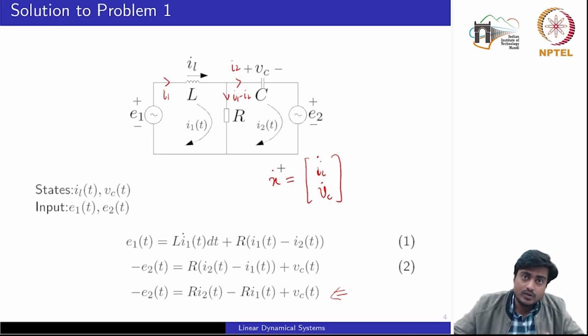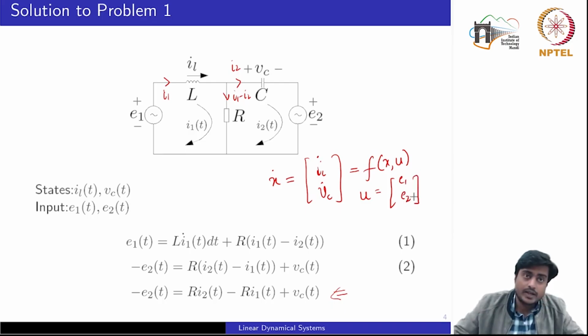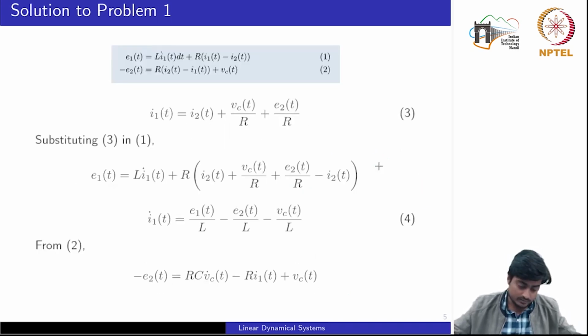On the left hand side, we want the first derivative of the state vector, and on the right hand side we want to express it as a function of the state x and u, where u is your E1 and E2. And this function f, we know that it should be a linear map.